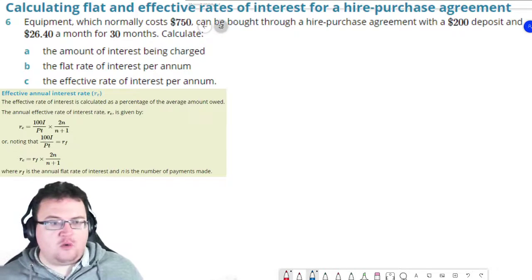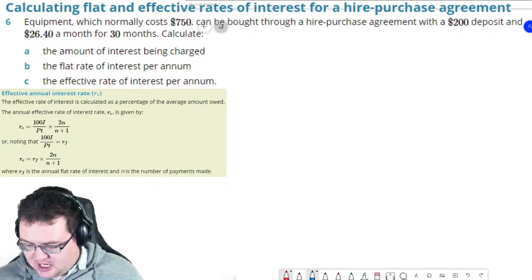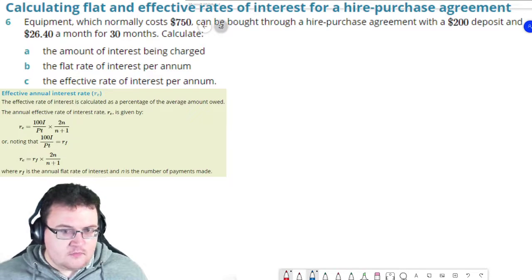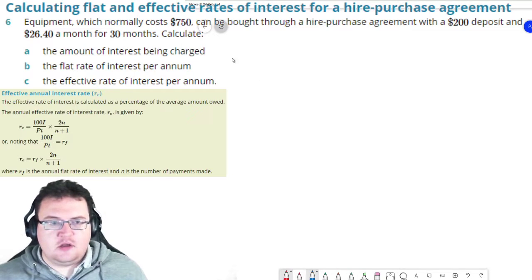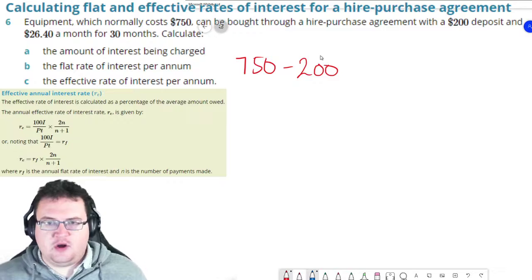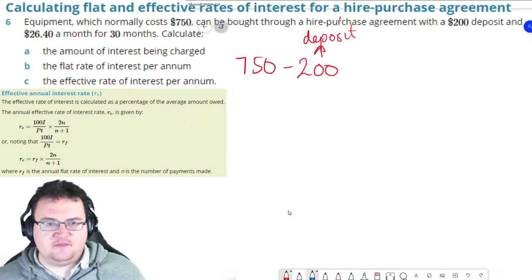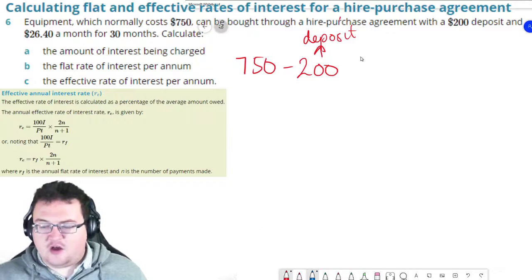So, first things first, we need to work out how much interest is actually being charged. The cost is $750, but you've paid a $200 deposit. So there's your deposit. So how much is left over?